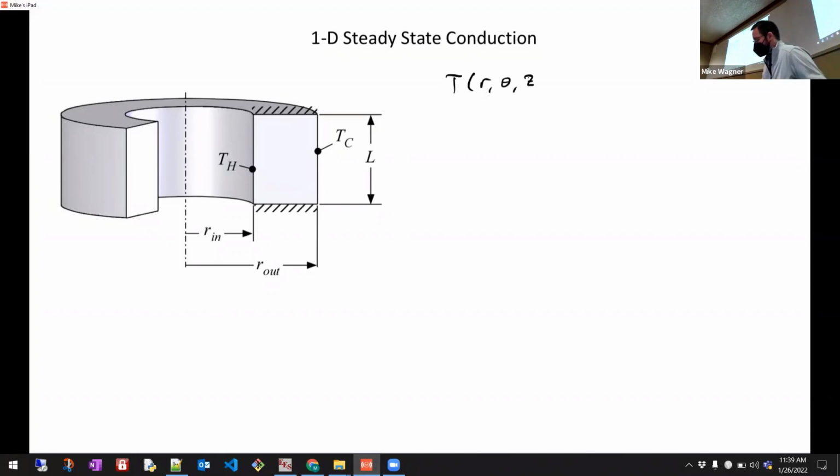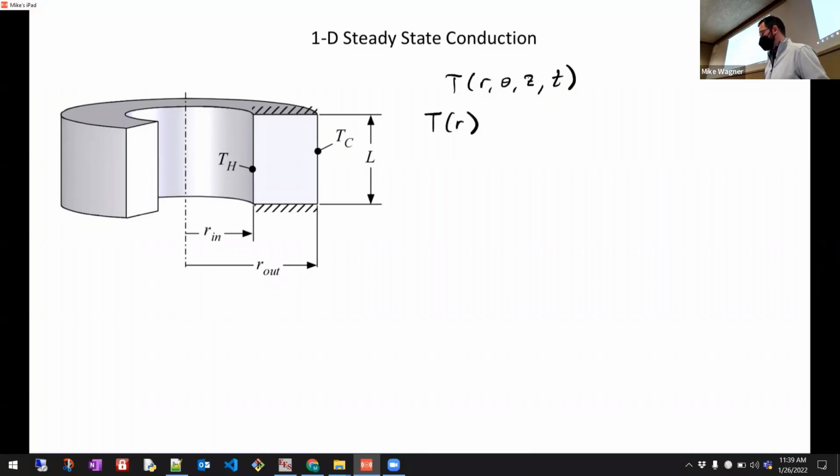So that is quite obviously a three-dimensional problem. We also care about the time component in heat transfer. So the most generalized model you could have would be temperature as a function of the three spatial coordinates and time. When we're talking about 1D steady state, what we mean is we're going to pick one spatial dimension and work with it.